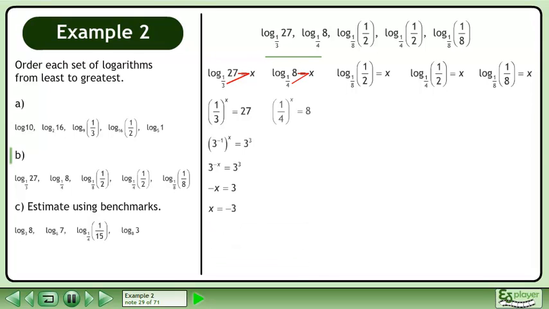The next logarithm can be written as 1/4 to the power of x equals 8. Write 4 as 2 squared and write 8 as 2 cubed. Write 1/2 squared as 2 to the power of -2.